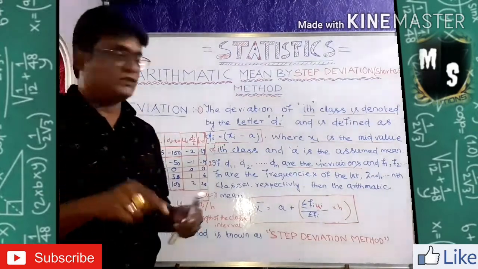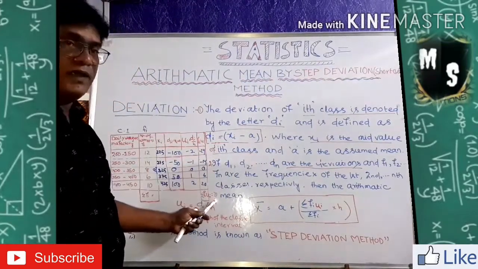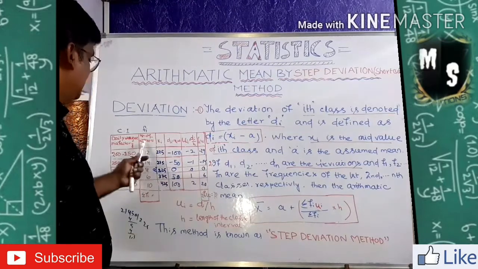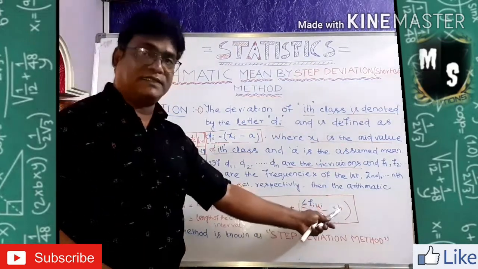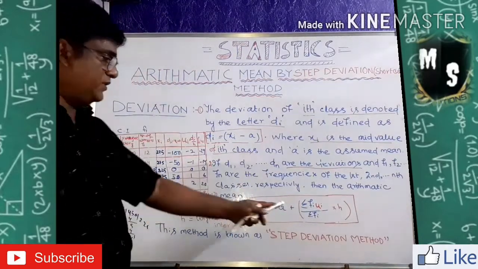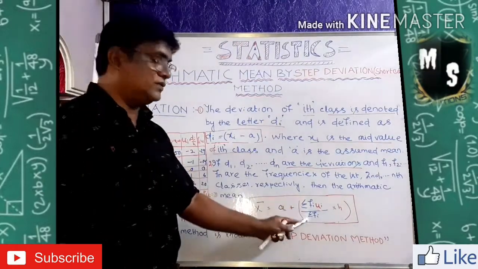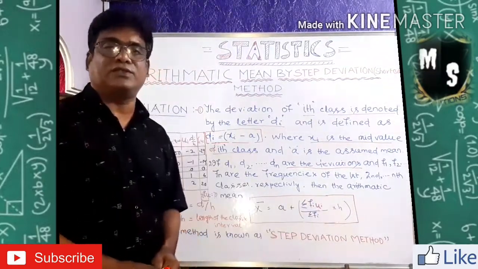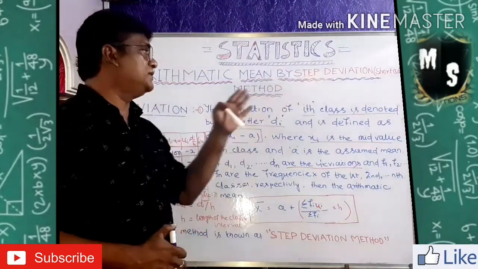The sum of this column. This column sum is needed. Sigma fi ui. Add it and get it. Sigma fi, add it and get it. Then multiply by the class interval, which remains the same. H is 50 here. Put a, you know, 325, and put all the things in it, get the calculation and calculate the mean by the step deviation method.